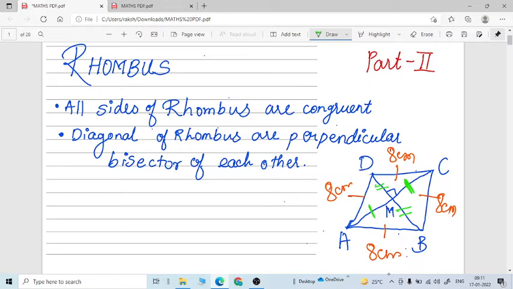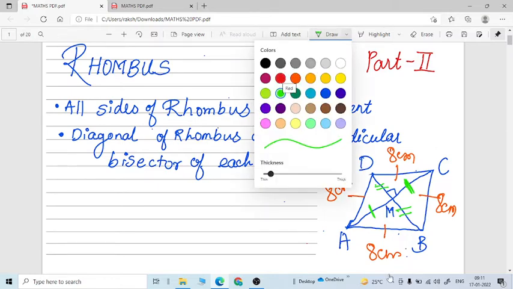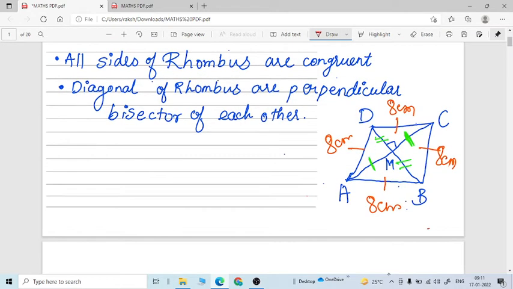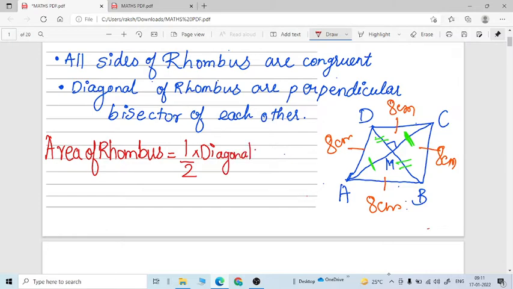Now the formula derives from this. Area of rhombus is equal to half into diagonal 1 into diagonal 2.